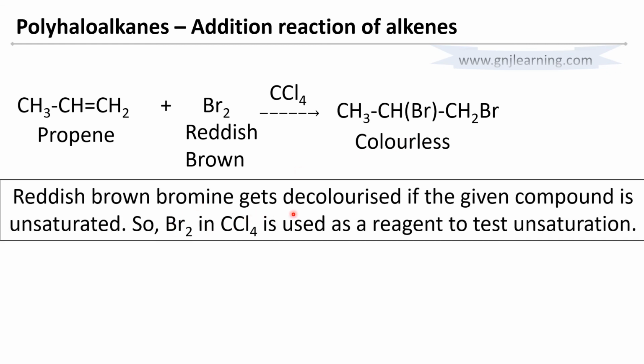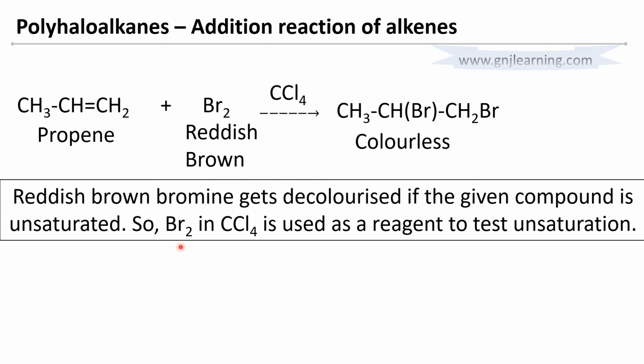Reddish brown bromine gets decolorized if the compound has an unsaturated double bond or triple bond. Even with a triple bond, the reddish brown color is gone because it will break that bond and bromine will be added into it.